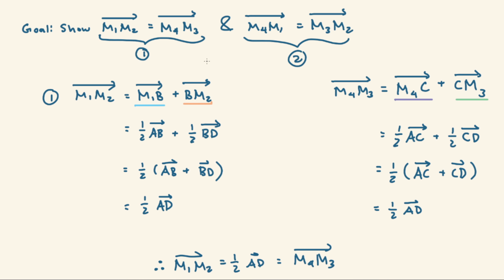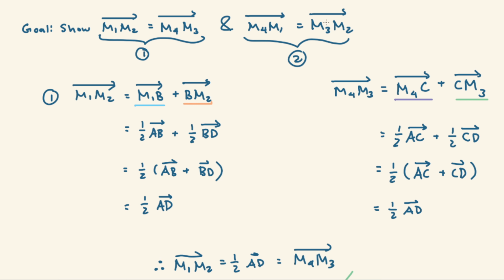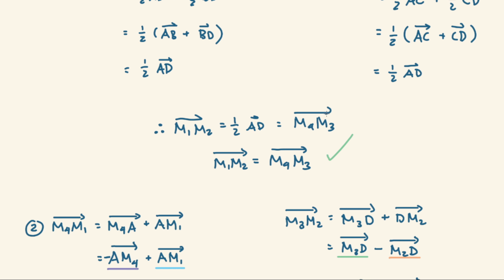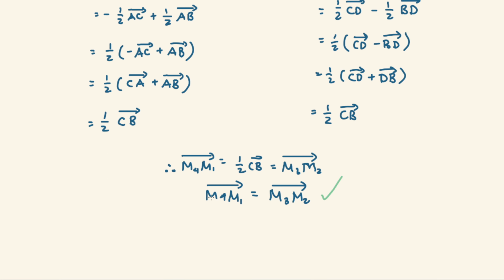My first goal was to show that M1M2 is equal to M4M3, and we've got that right here. And my second goal was to show that M4M1 is equal to M3M2, and we've got that right here. Okay, so we have shown everything we had to show, so we could just put a little QED and a little square box here. Okay, and that's all you have to do to show that the midpoints of a quadrilateral form a parallelogram.